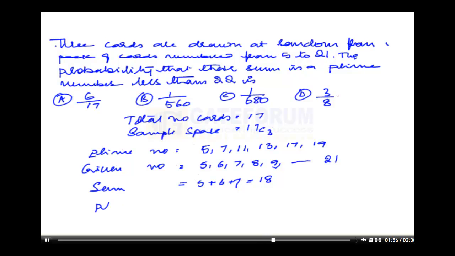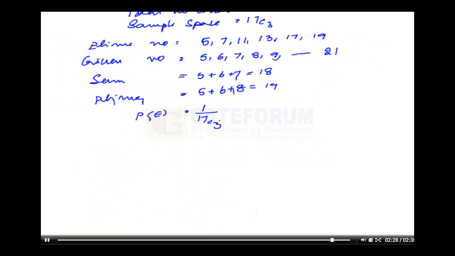So this is possible only when you add 5 plus 6 plus 8, that is 19. Hence, probability of getting the event, that is a prime number less than 22, is only one favorable event, that is 5 plus 6 plus 8. Therefore, one favorable event, and sample space is 17C3. So simplifying, I get 1 by 680, that is C is the answer.